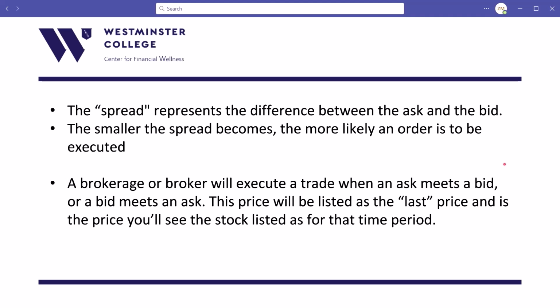And those individuals are going to be brokers or brokerages. Whatever the price that they execute that order is, that is the price that ends up appearing on the stock quote page as the last price. It's typically an indicator of about what you'll be paying in order to buy a share, because that was what the last person paid to buy a share.